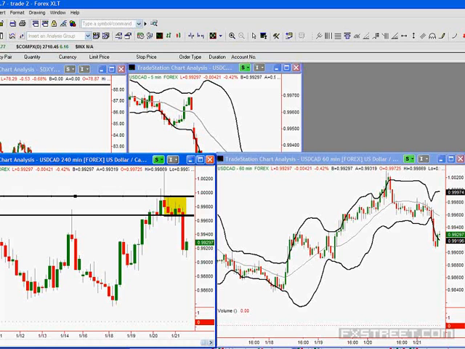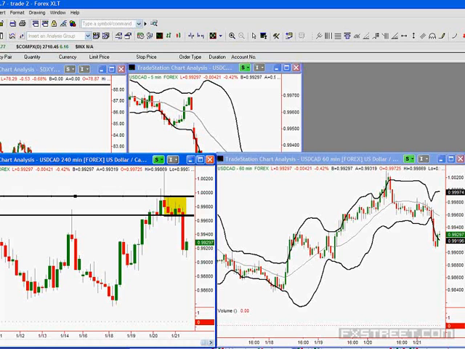Now, often these are not going to produce with that entry and those two targets. You're not often going to get big risk reward opportunities. You're not often going to get 5 or 10 to 1 opportunities.